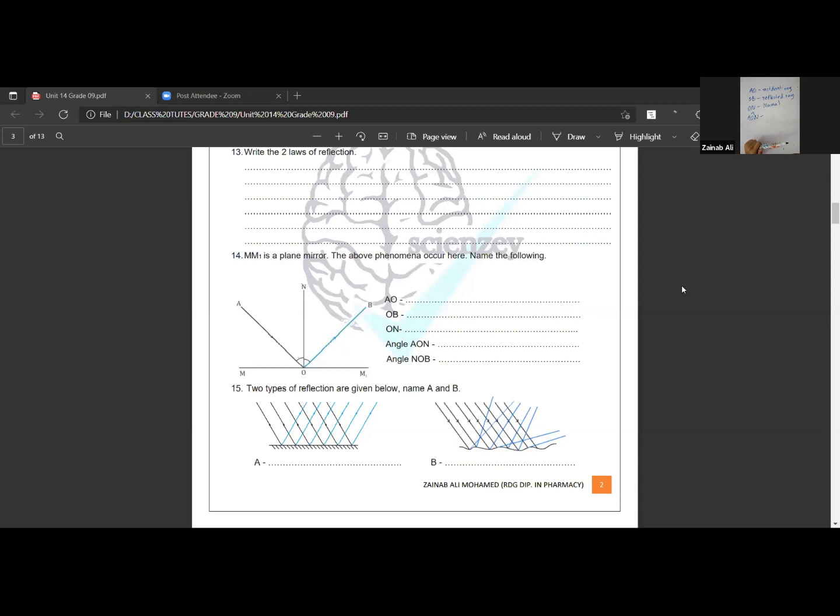Angle of incidence. Very good. Angle of incidence. And Mahmood Akram, what is the angle NOB? Angle of reflection. Very good. Angle of reflection.